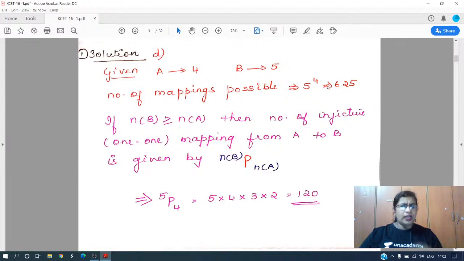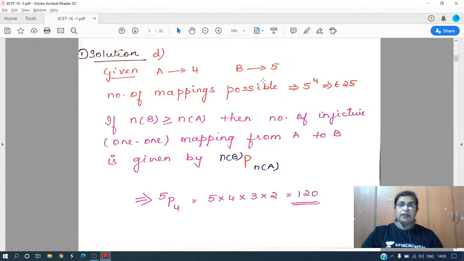But in this question, what they have asked is the number of injective mappings. Injective is nothing but one-to-one mapping which we need to find out. Is it clear? Now for that you understand the trick here. If the number of elements in the set B, that is the second set which is given, is greater than or equal to the number of elements in the set A. So what is the number of elements in the set B?